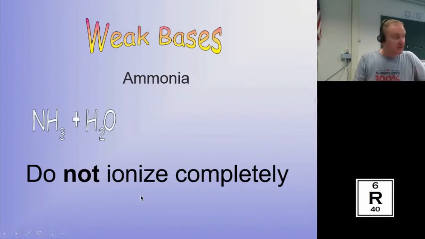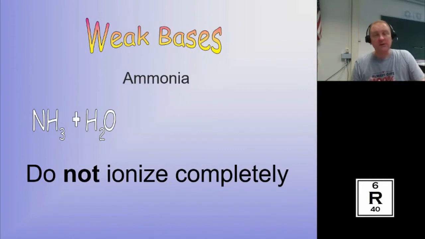And I have a good example of a weak base here, in that we get so used to seeing hydroxide, and hydroxide is base, hydrogen is acid. Well, ammonia is a base. If we take a look at ammonia right here, it is NH3, and you notice there's no hydroxide here. And the definition of a base is something that produces hydroxide. So how does ammonia produce hydroxide? Well, it reacts with the water.